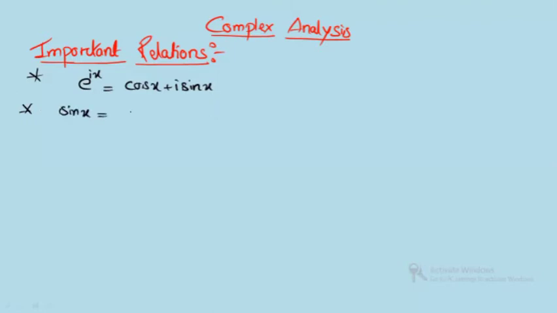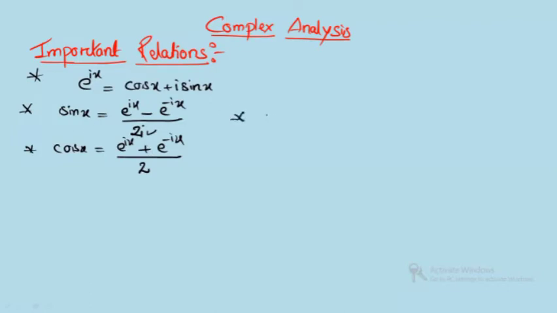Sine x in exponential form can be written as e to the power ix minus e to the power minus ix by 2 iota. And similarly, we can write cos x as e to the power ix plus e to the power minus ix by 2. So here you can see the only difference is that here we have 2 iota, here it is only 2. Here it is a negative sign, but here you will have a positive sign.